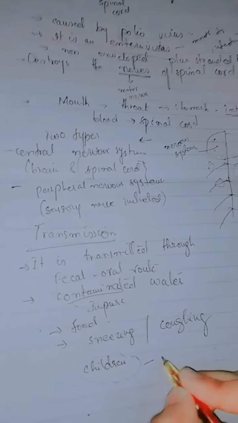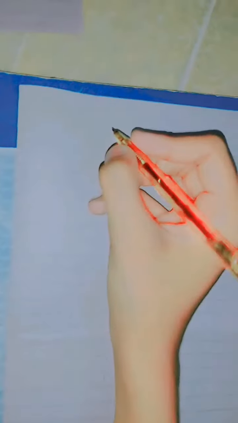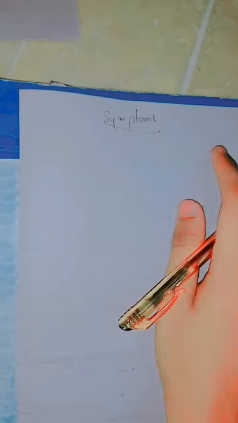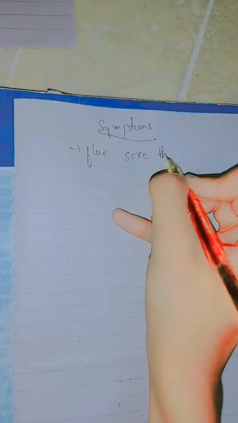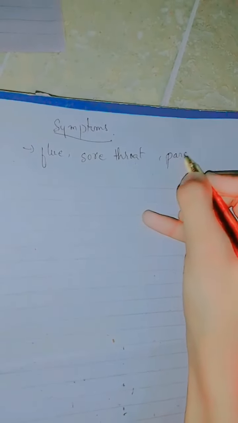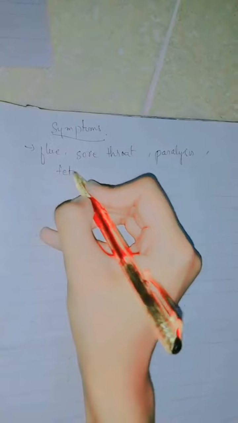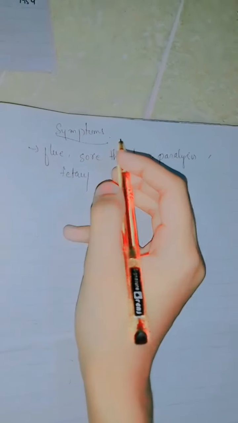Polio disease is caused by polio virus. If we talk about the symptoms of polio virus, it causes a flu, sore throat, which means a severe pain in the throat, and paralysis, in which the person gets paralyzed. Tetany is also a symptom of polio.